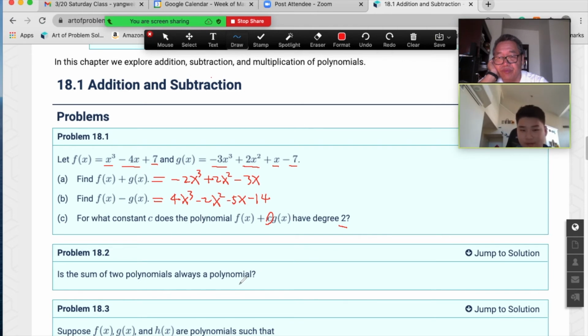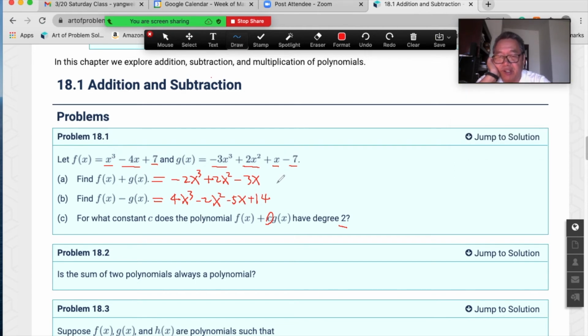It's supposed to be plus 14, I think, because f(x) minus g(x) is 7 minus negative 7. Oh, yeah, right. This one's plus 14. Yeah, 7 minus negative 7. Okay, good, that's correct.